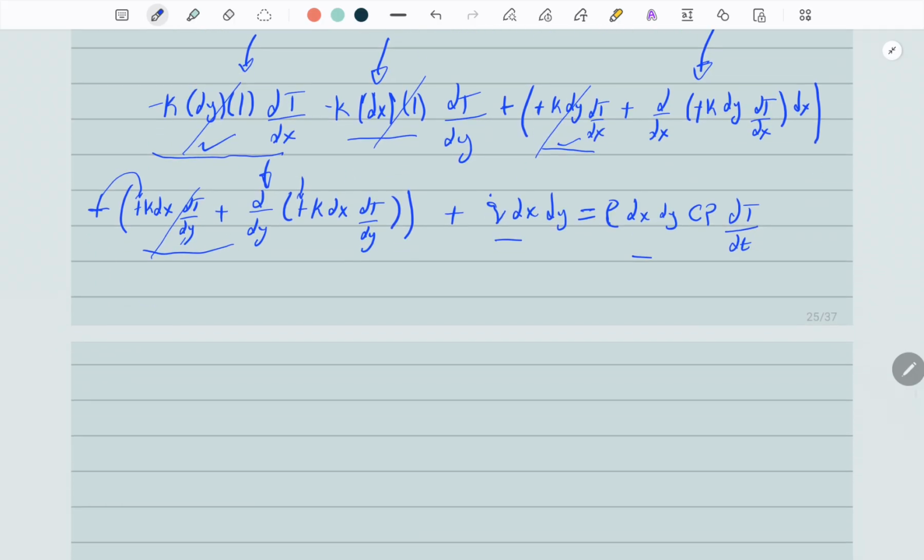Now we can write what's left, which is differential in terms of dx. If we move the k outside as a constant, we'll be left with dy dx, this dx here, times dt over dx.